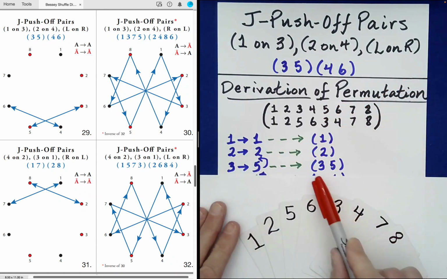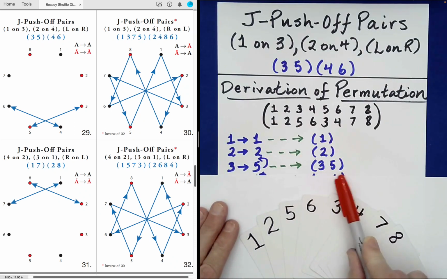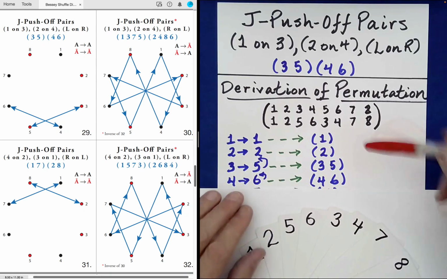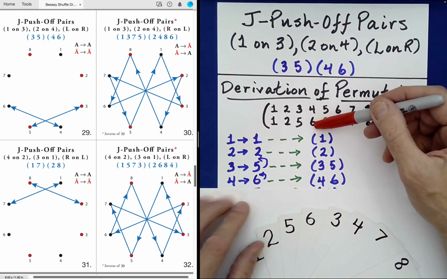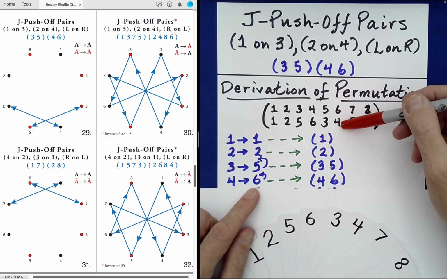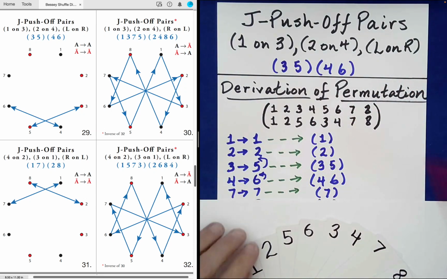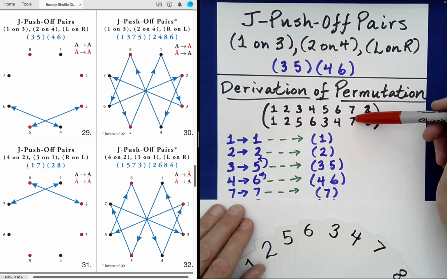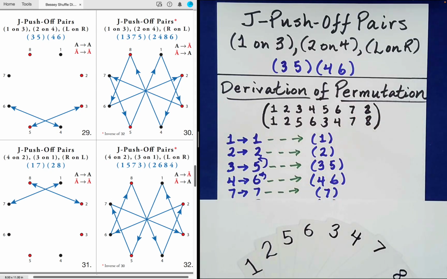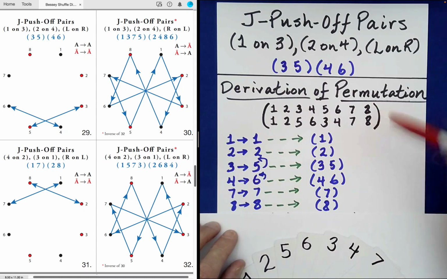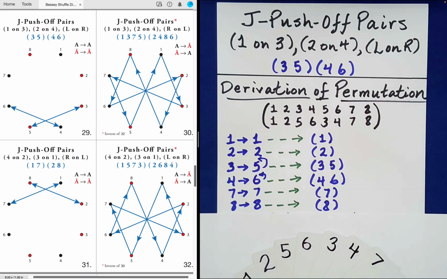So this gives us a 2 cycle, or in other words, a transposition. 4 goes to 6, as we can see right here, and 6 goes to 4. So that completes a 2 cycle as well. 7 goes to 7, so it's a fixed point, or a 1 cycle. And 8 goes to 8, so we have another fixed point, or 1 cycle.